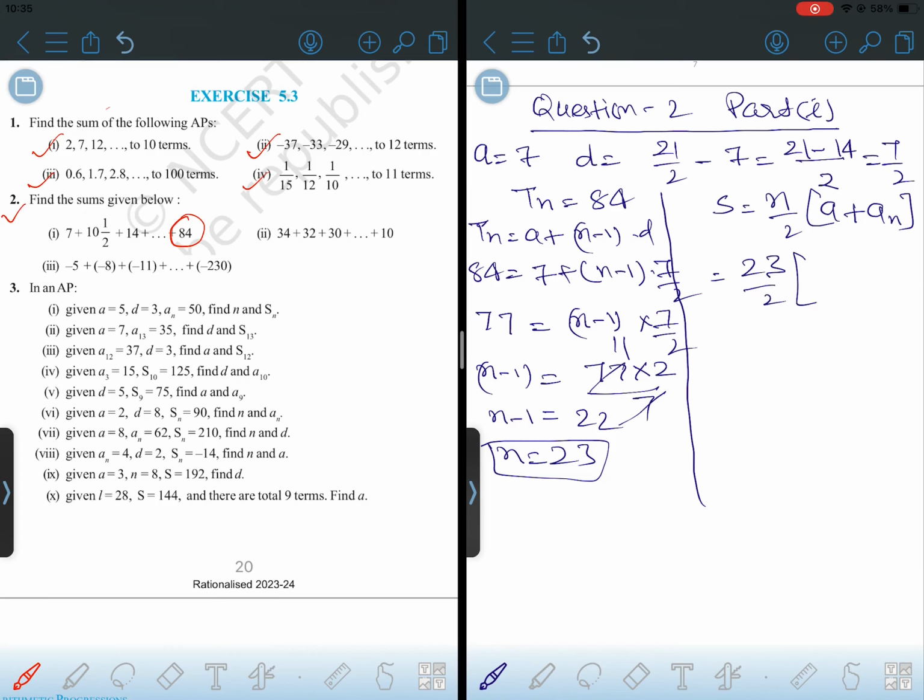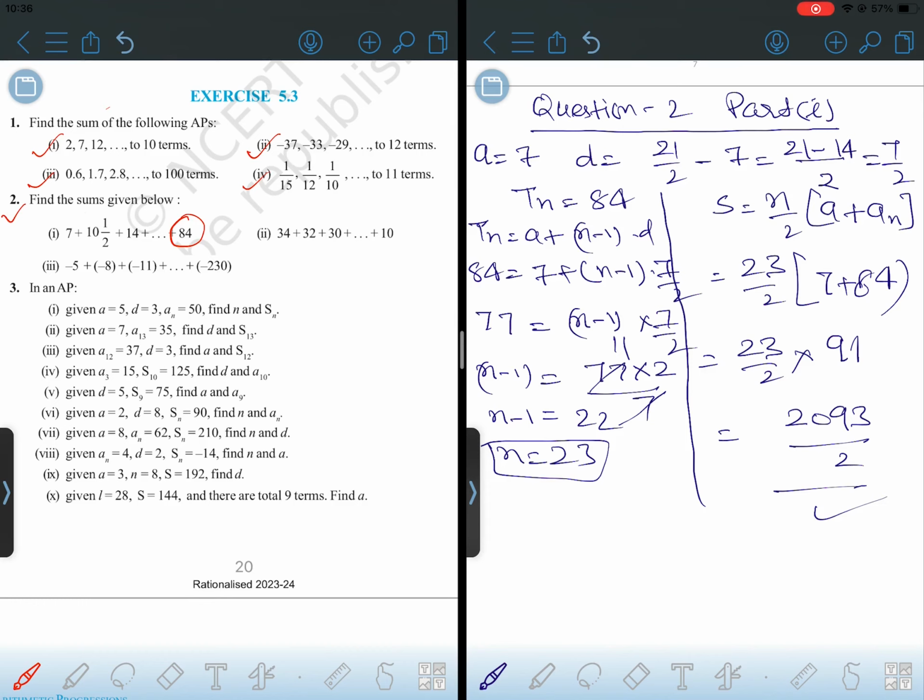The first term is 7, and an is 84. So that gives us 23 upon 2 into 91. When we solve this, the value will come as 2093 upon 2.